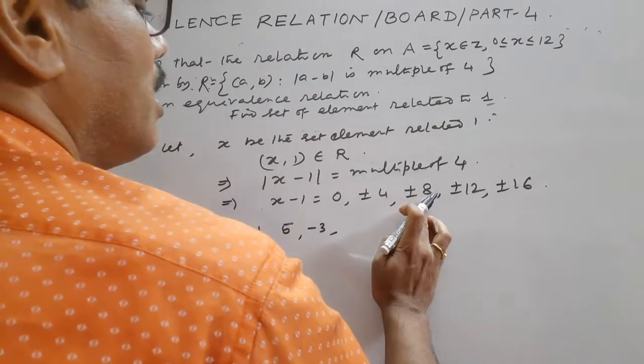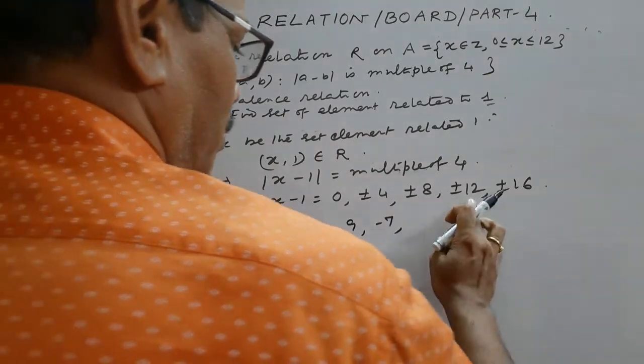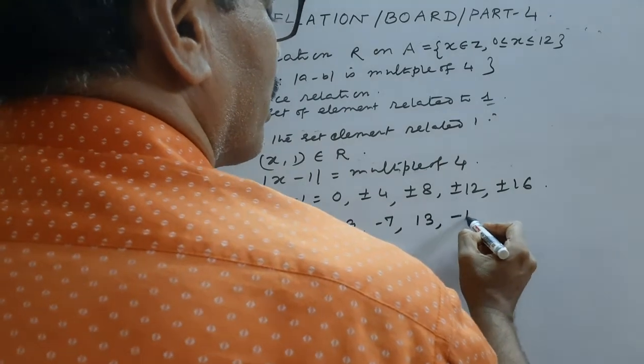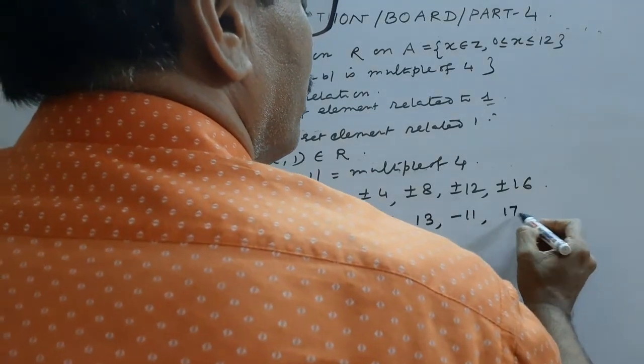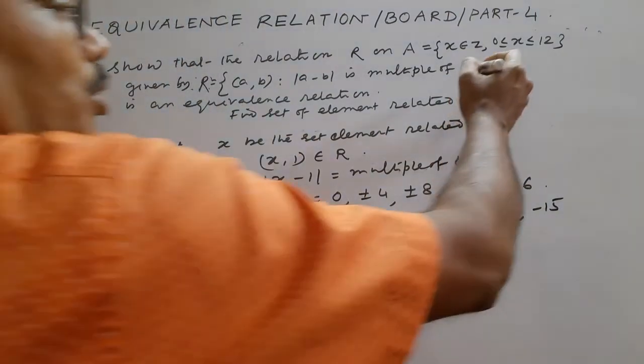If we take 8, then it is 9 and minus 7. If it is 12, then it is 13 and minus 11. 17 and minus 15.